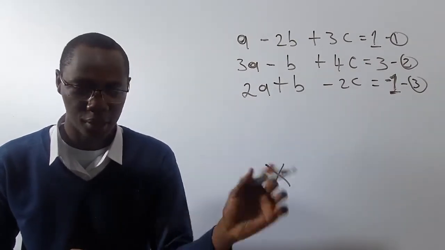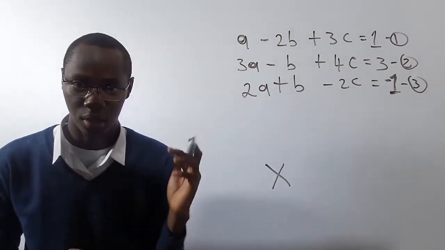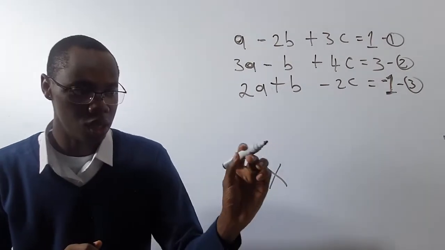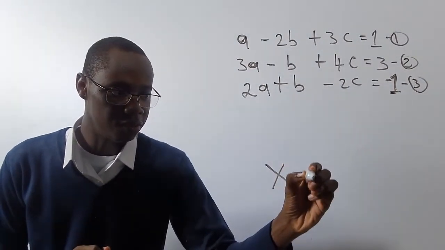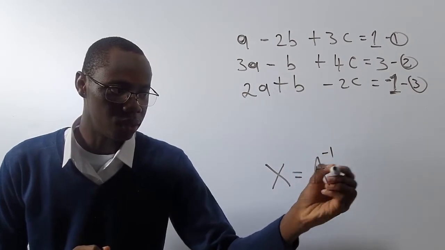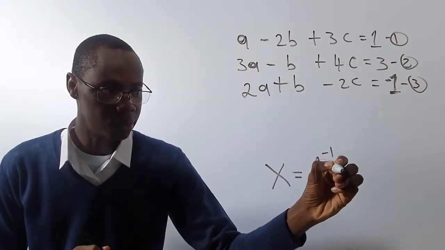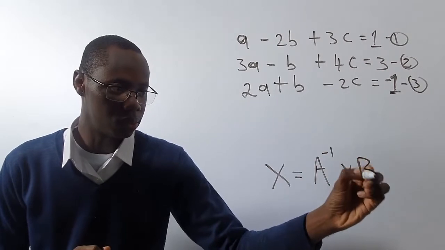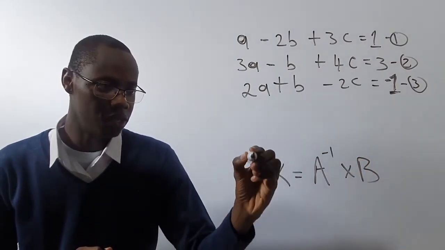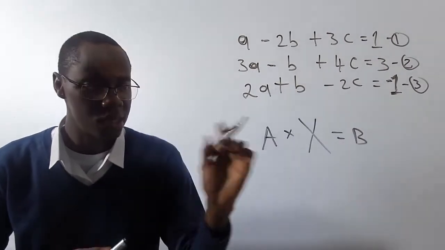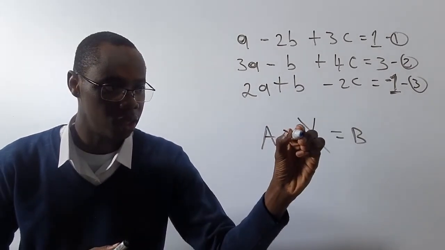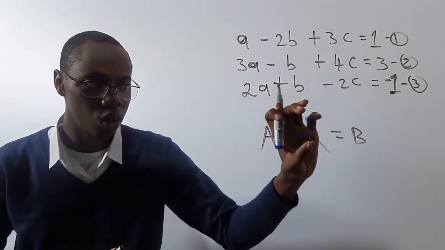So this big X has A, B and C inside, and is equal to the inverse of A multiplied by B. So now let's find out what this means. Inside this X we have A, B and C, the unknowns.